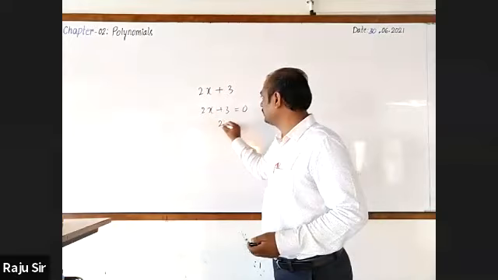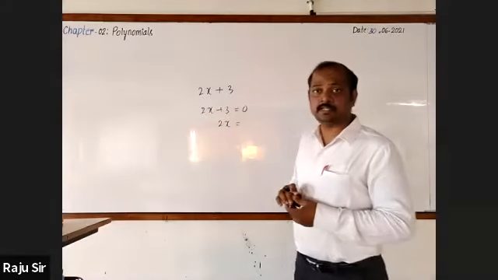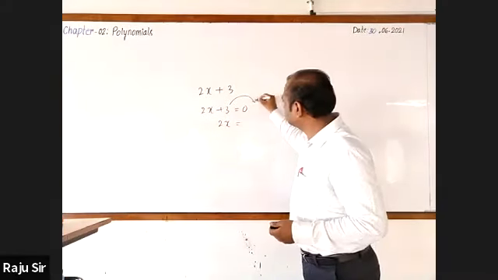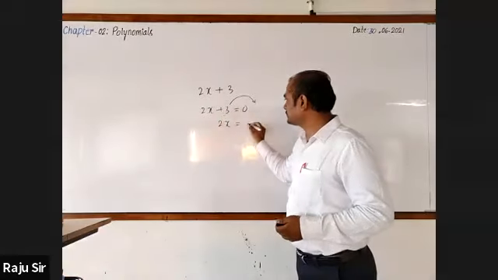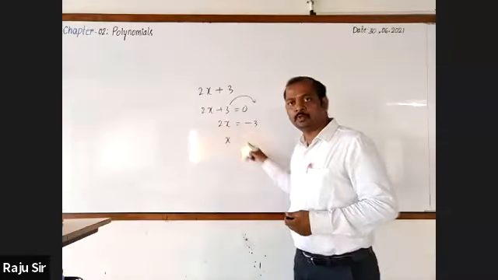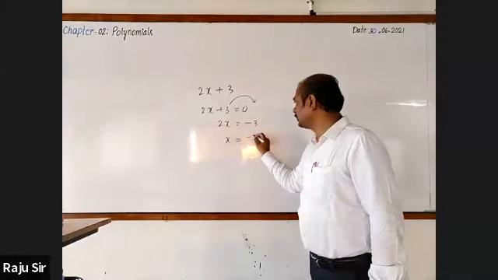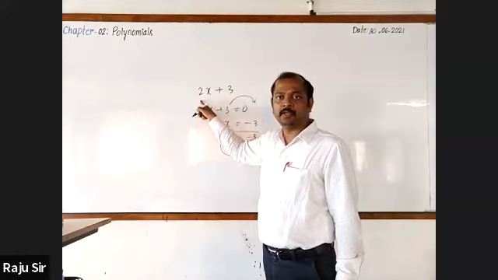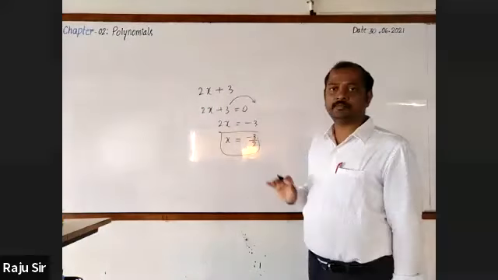Here 2x is there, let us write 2x as it is. Transfer 3 to the right hand side. Here plus 3 becomes minus 3. Then solve x by transposing 2 to the denominator. So x is equal to minus 3 by 2. So minus 3 by 2 is called the zero of the polynomial 2x plus 3. Right?